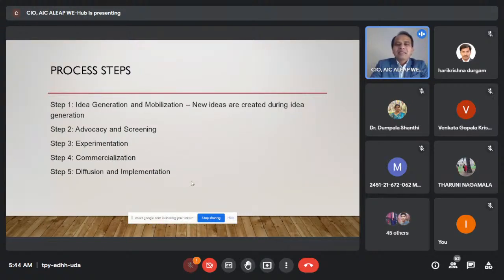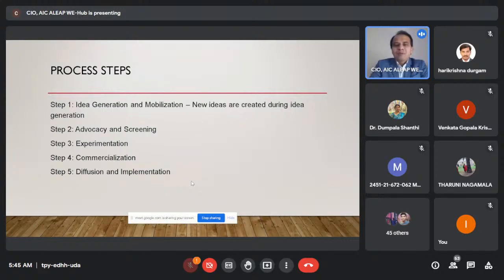And here is the time where the technology readiness level comes in. The technology readiness level, then you have to commercialize it further. The commercialization phase is the fourth step, and here you will be commercializing your product.